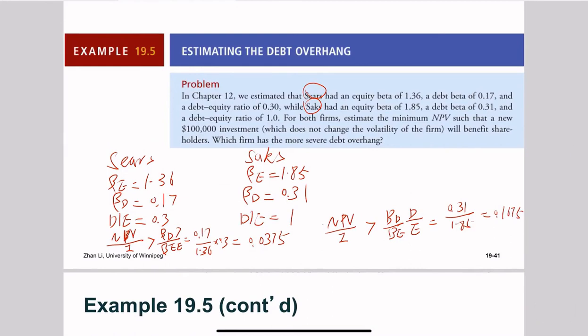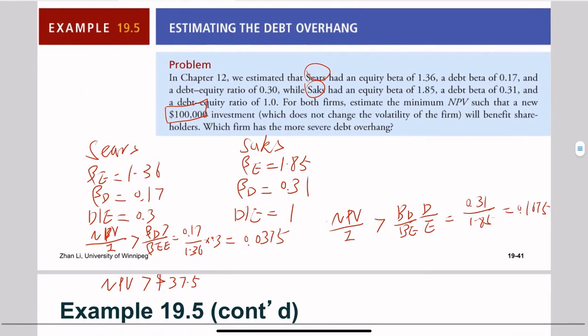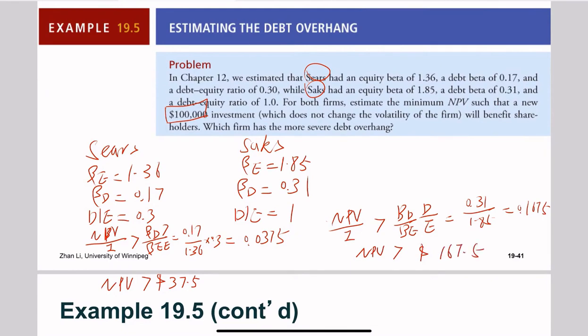And the problem says the firm has an investment of $100,000. So plugging I equals $100,000, we get NPV larger than 37.5. And for Saks Fifth Avenue, NPV larger than 167.5.